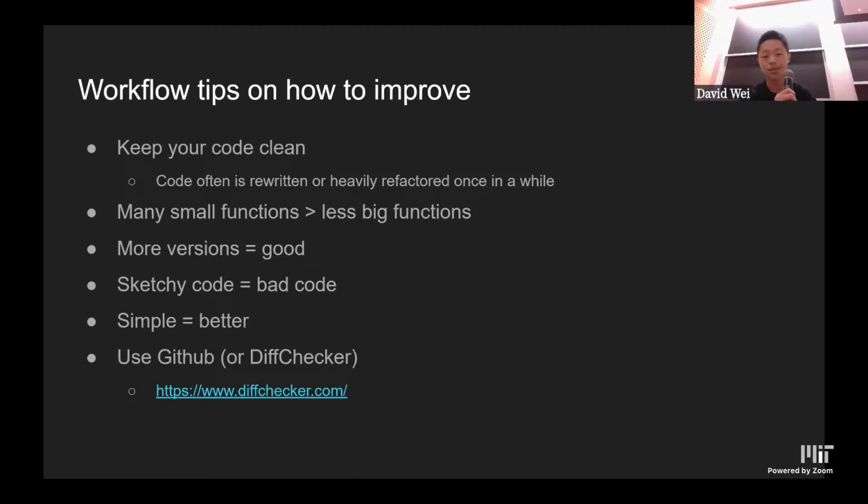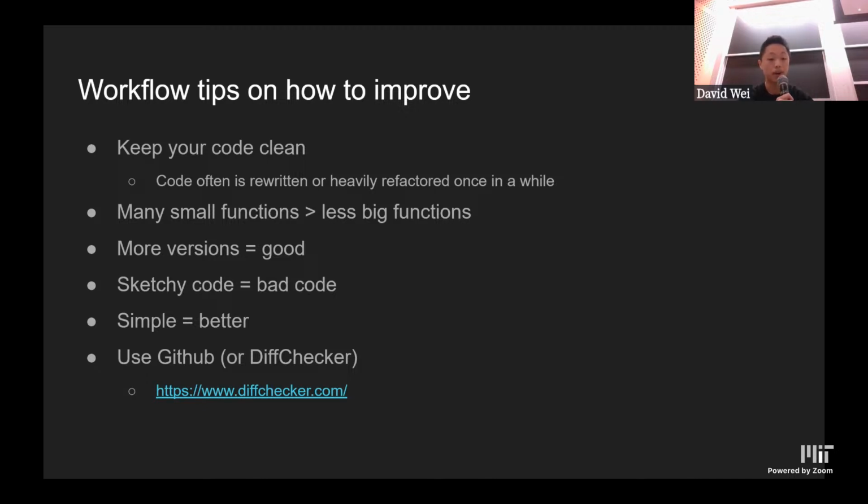Okay. So now we're going to talk about some more general things on how to improve. First thing is it's important to keep your code clean, as oftentimes your Battlecode files can get quite long, and your code is often going to be rewritten or heavily refactored. Maybe you want to modify your code or incorporate some new thing that you saw.